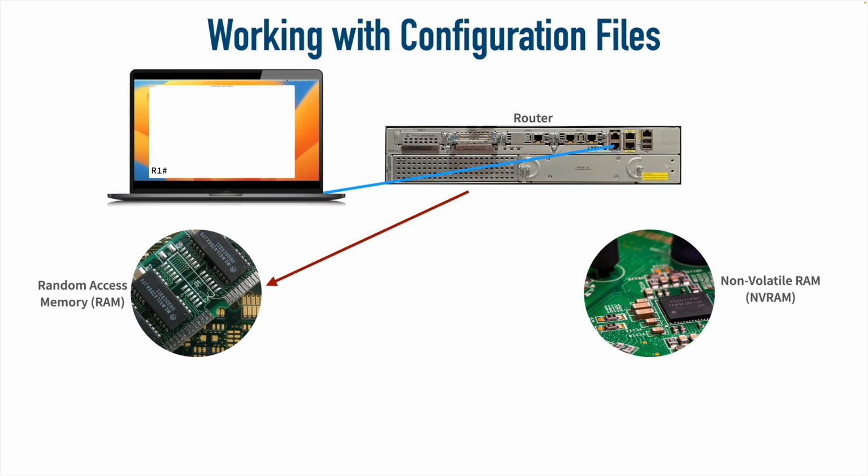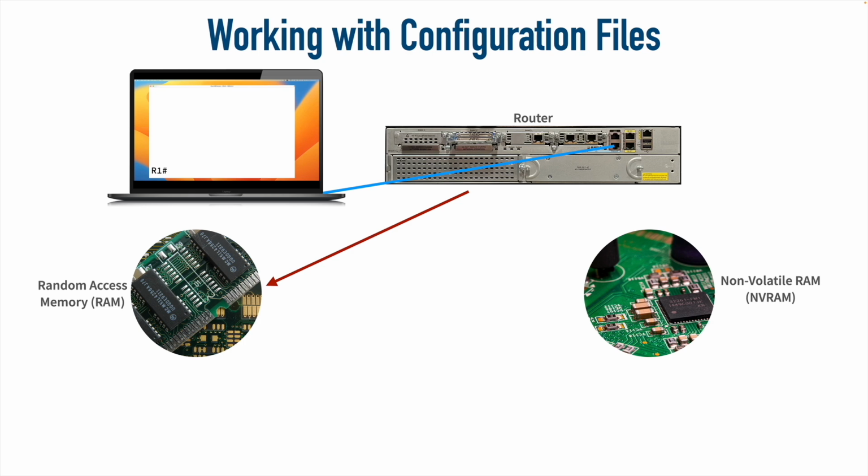The way we can copy our running configuration to our startup configuration is by saying copy space running-config space startup-config. However, remember in Cisco IOS, we don't always have to type out the full command. If we give enough characters to make that command or option unique, Cisco IOS knows what we mean.